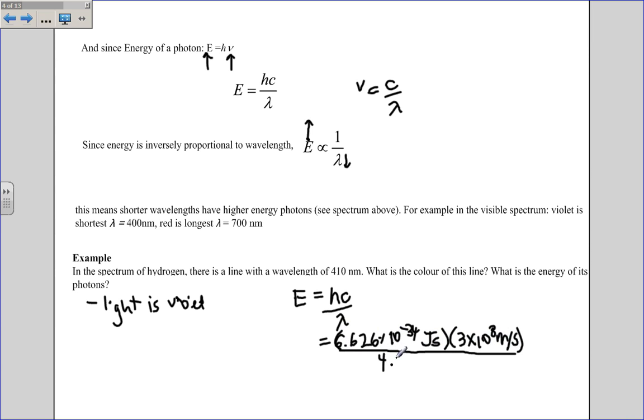So we've got 4.1 times 10 to the negative 7 meters. And when we plug this into our calculator, we get 4.85 times 10 to the negative 19 joules.